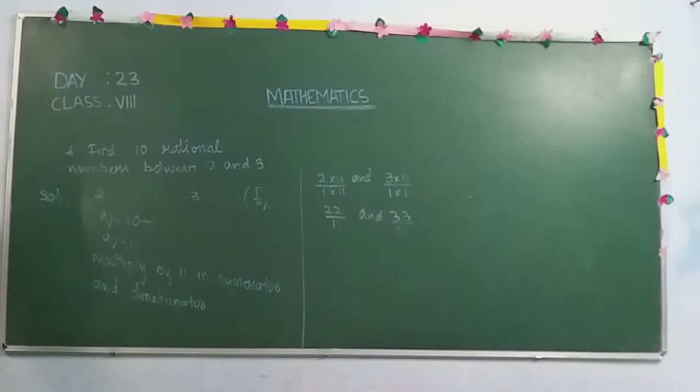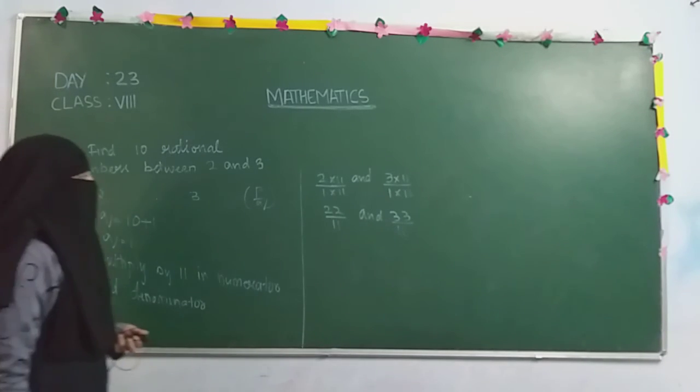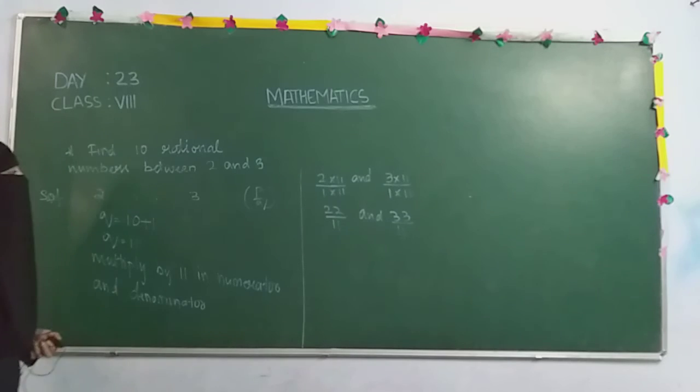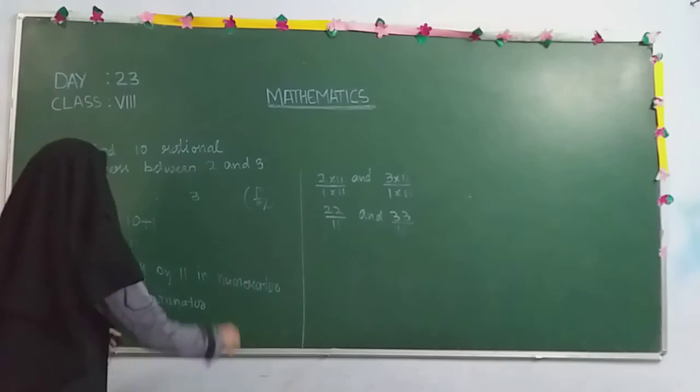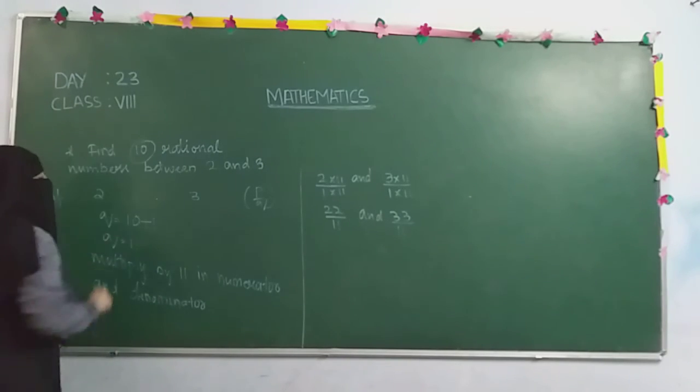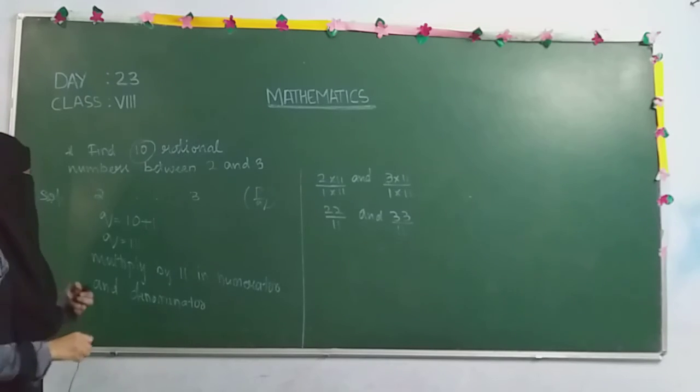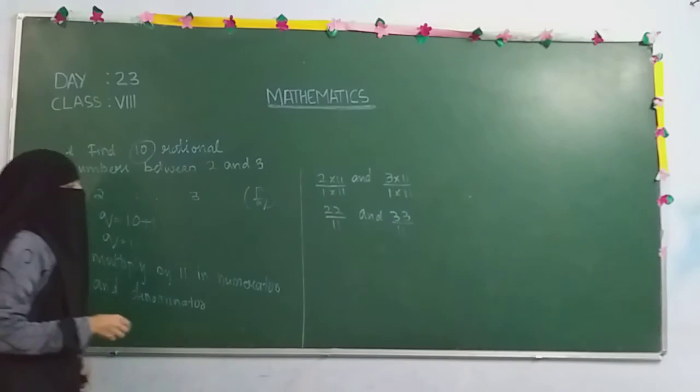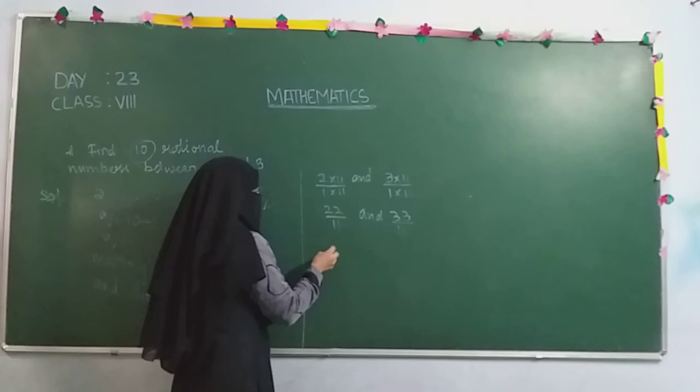Now we got up to here. Now between these numbers we will check how many rational numbers we can write. We need to write 10 rational numbers between this 2 and 3. So the procedure we followed. Now we will see after 22 what will come.